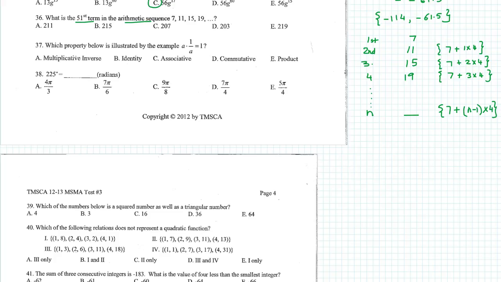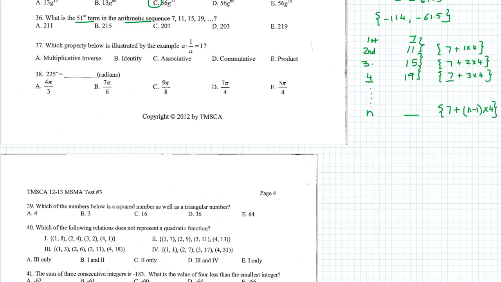If we are on the fourth term, the number will be 7, which was the first term of our sequence, plus 3 times the difference between the numbers. The difference between the terms is always 4. That is the common difference. From 7 to 11, the difference is 4. From 11 to 15, the difference is 4. And from 15 to 19, the difference is 4. So that is the common difference.